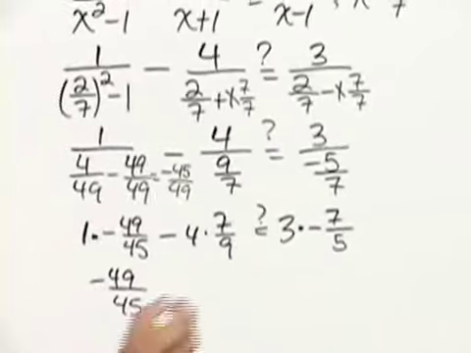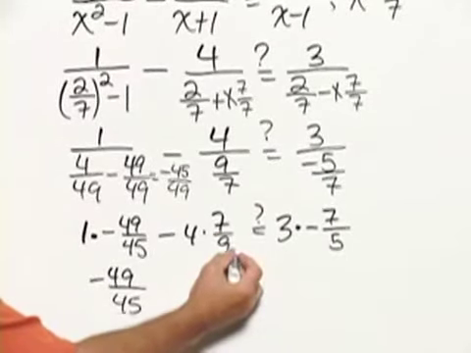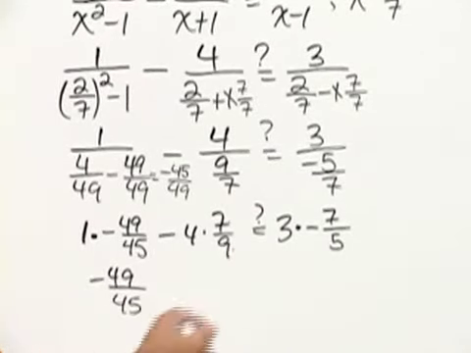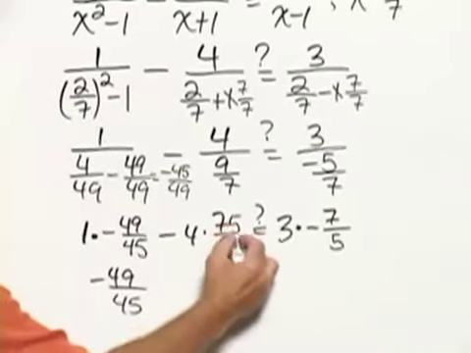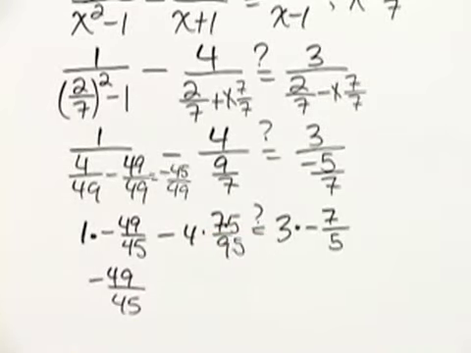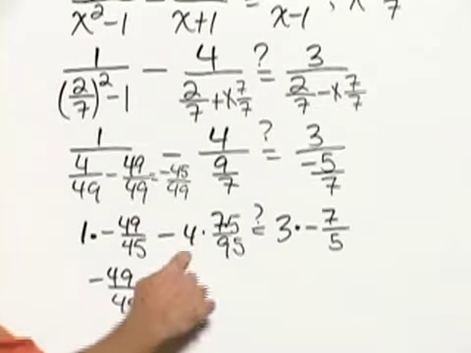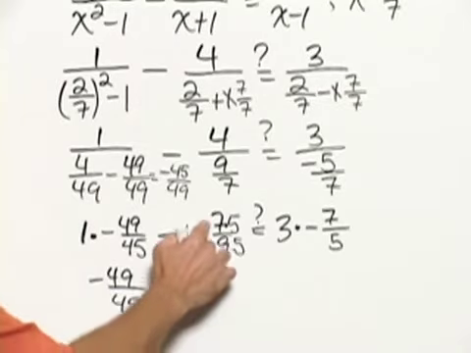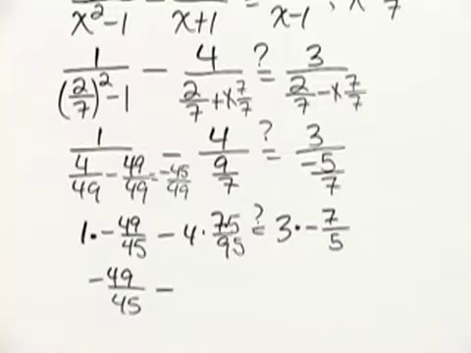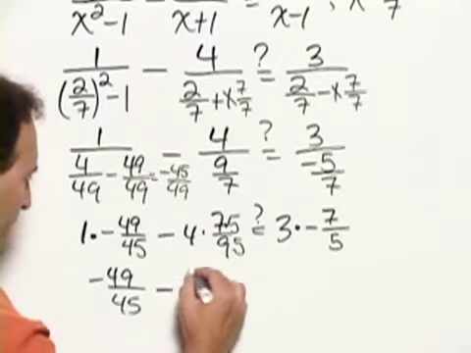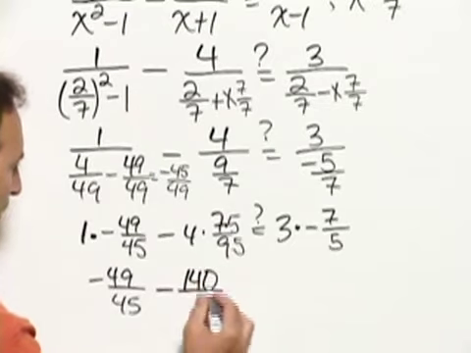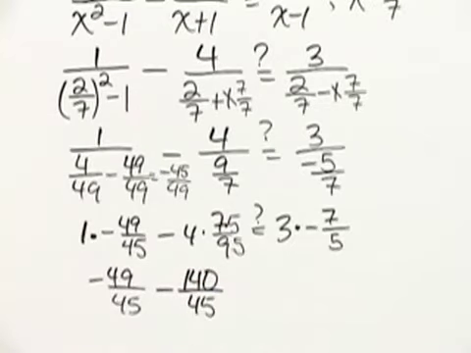Okay. Now here we're going to multiply and just get negative 49/45. In order to have this 9 become 45 so that we have the same denominator, we're going to have to multiply both the numerator and denominator by 5. In addition to that, we have this 4 that we would have to multiply times the 7, which is 28, multiplied times the 5 is 140 over 45.